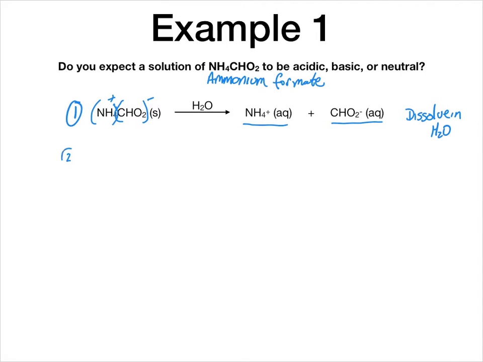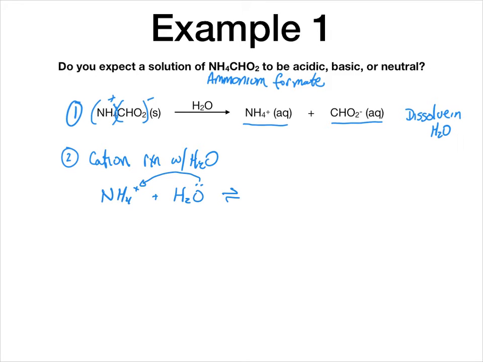Now, the second step is investigating the cation reaction with water. And so in this case, ammonium, our NH4 plus ion, is our cation. Reacting with water, this is our acid.